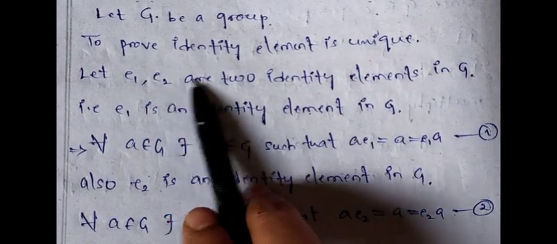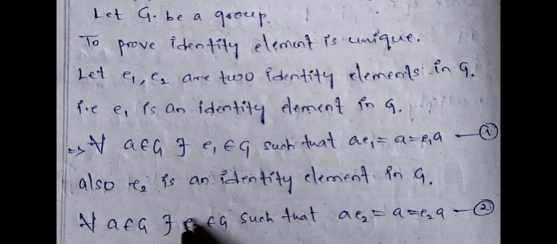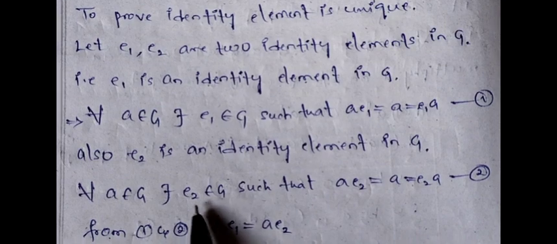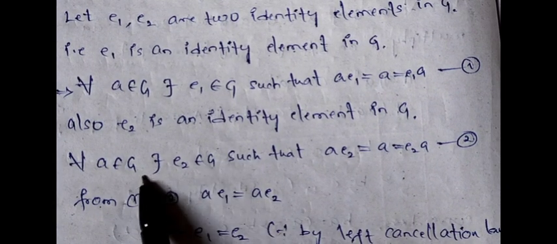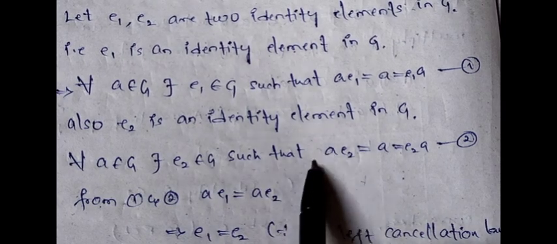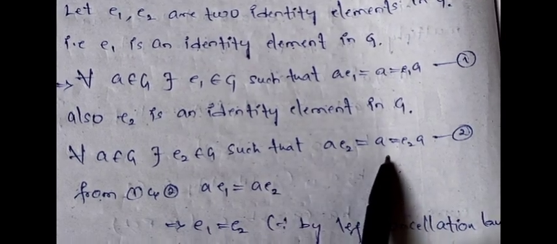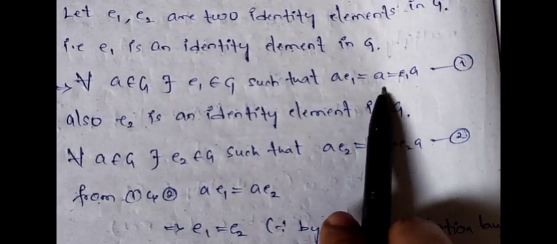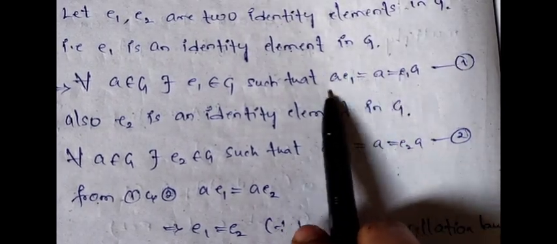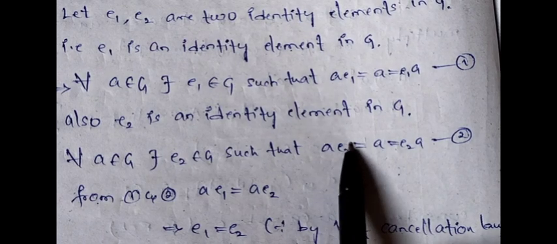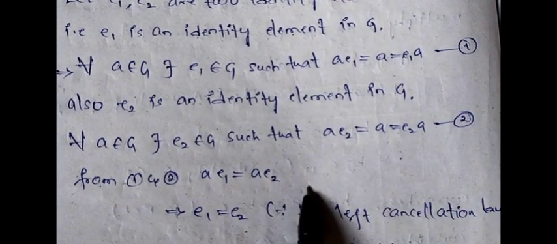Similarly, E2 is also an identity element, so A belongs to G and E2 belongs to G such that A into E2 also equals A. From these two equations, both equal A, so A E1 equals A E2.